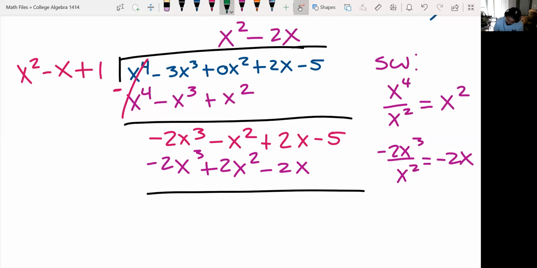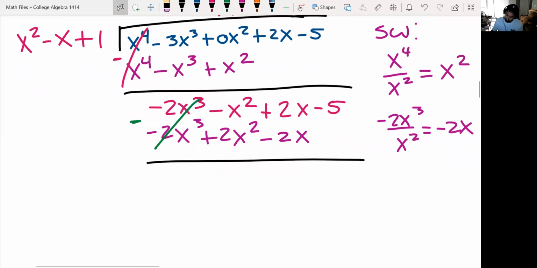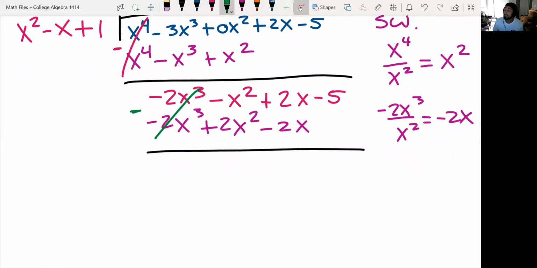Operation is subtraction, meaning negative 2x cubed minus 2x cubed, gone. Negative x squared minus 2x squared. That should give me, I'll just do it in green, negative 3x squared.